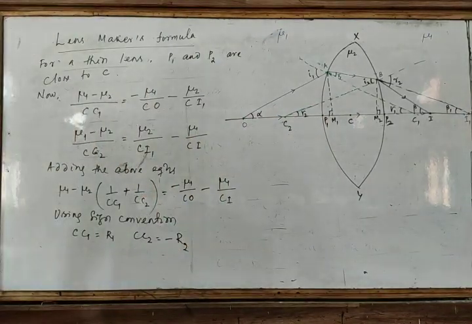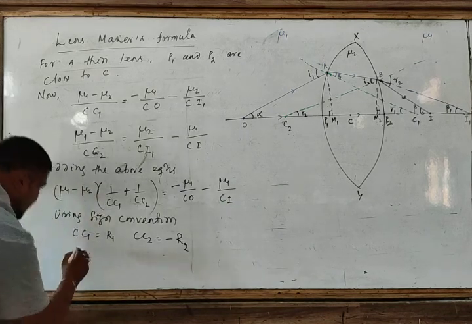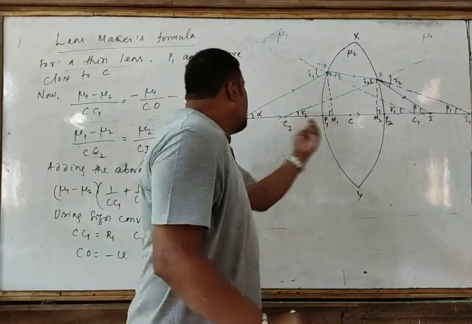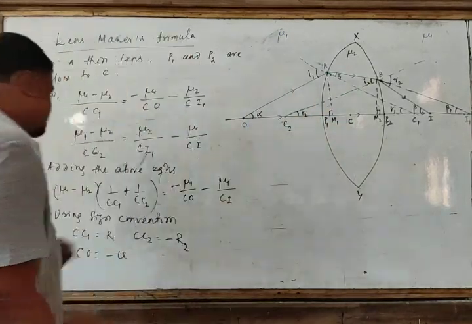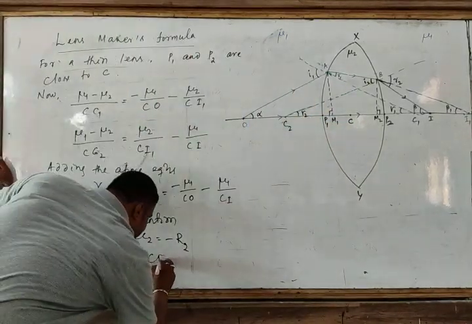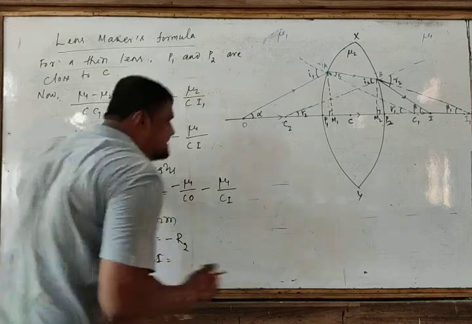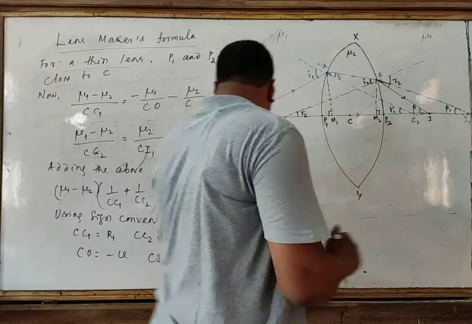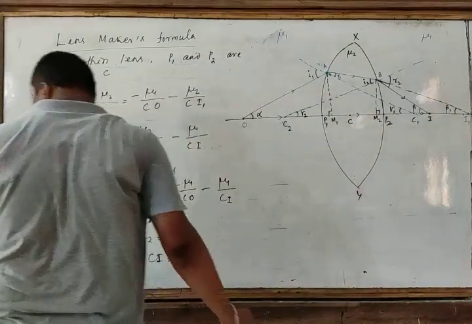Clear? Next, CO, the object distance, is always minus U. C2O or P1O, both are the same, so CO is equal to minus U. CI, the final image, or P2I or P1I, is plus V along the direction of light.